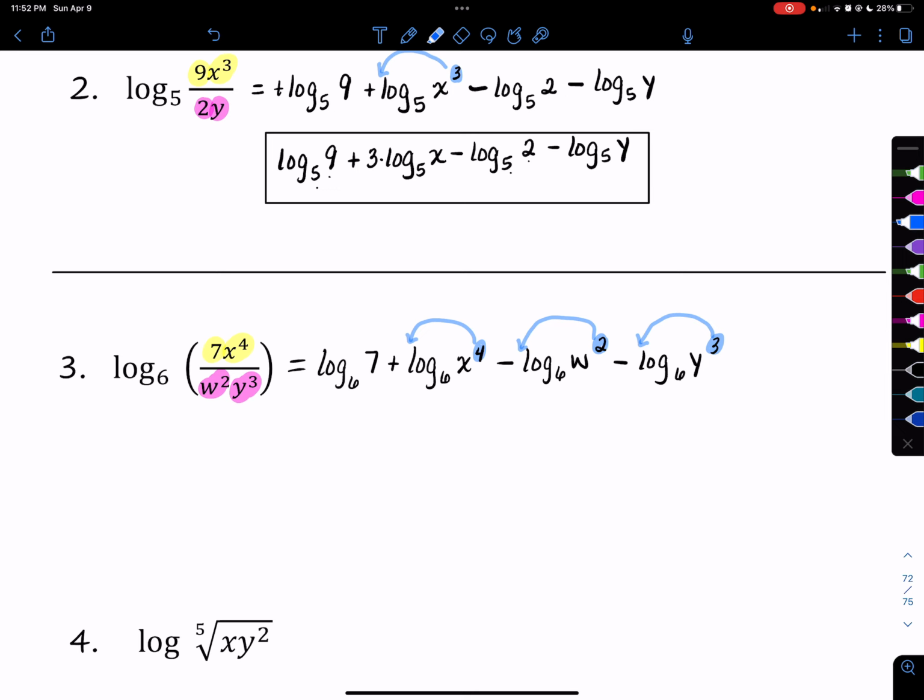Okay, so let's write this out. So I've got log base 6 of 7 plus 4 times log base 6 of x, minus 2 times log base 6 of w, and minus 3 times log base 6 of y.